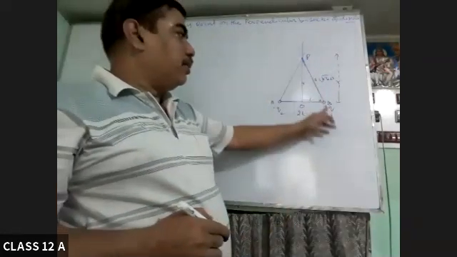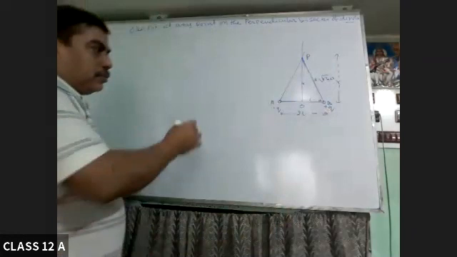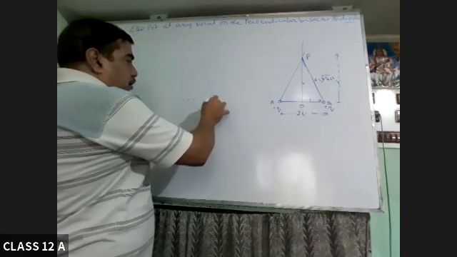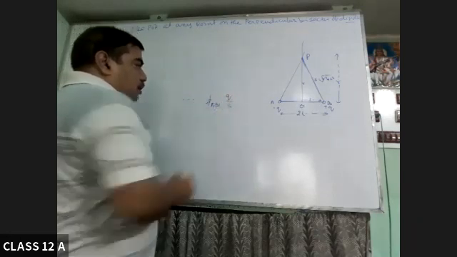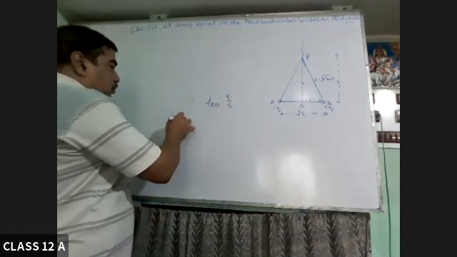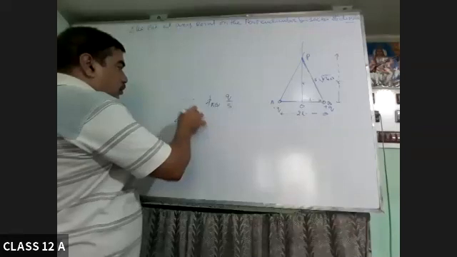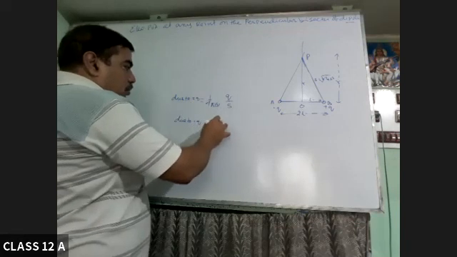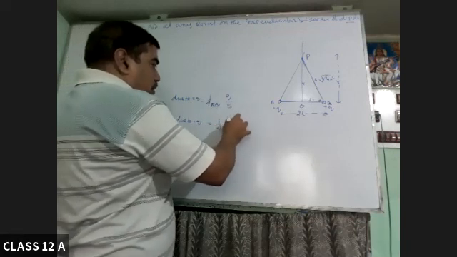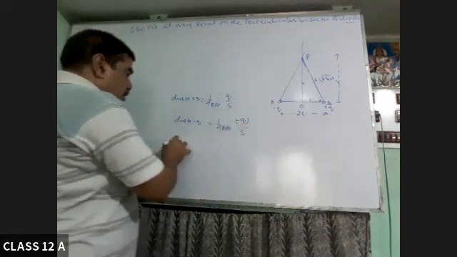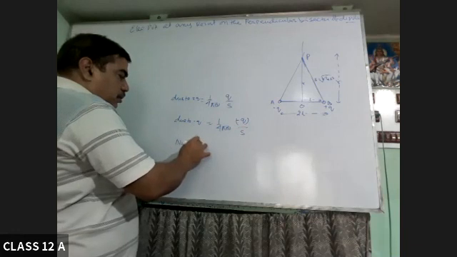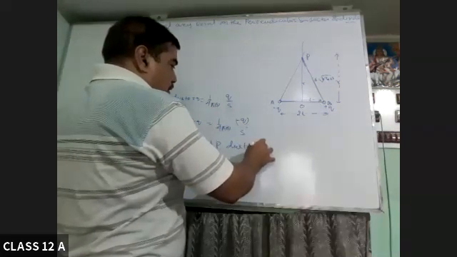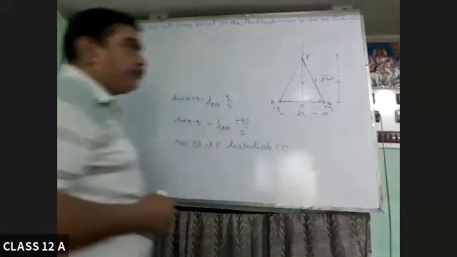So electric potential at P due to plus Q will become 1 by 4 pi epsilon naught Q over S, and due to minus Q, 1 by 4 pi epsilon naught minus Q over S. So net potential due to the dipole will become 0.